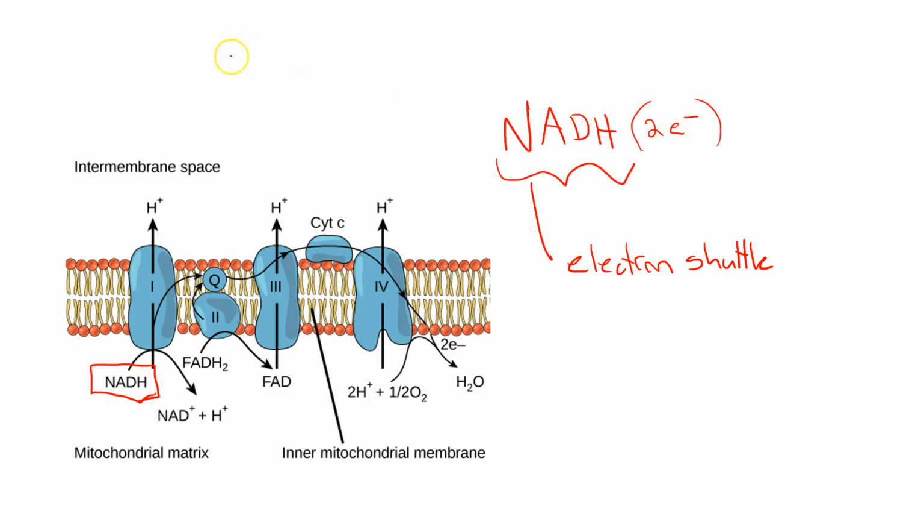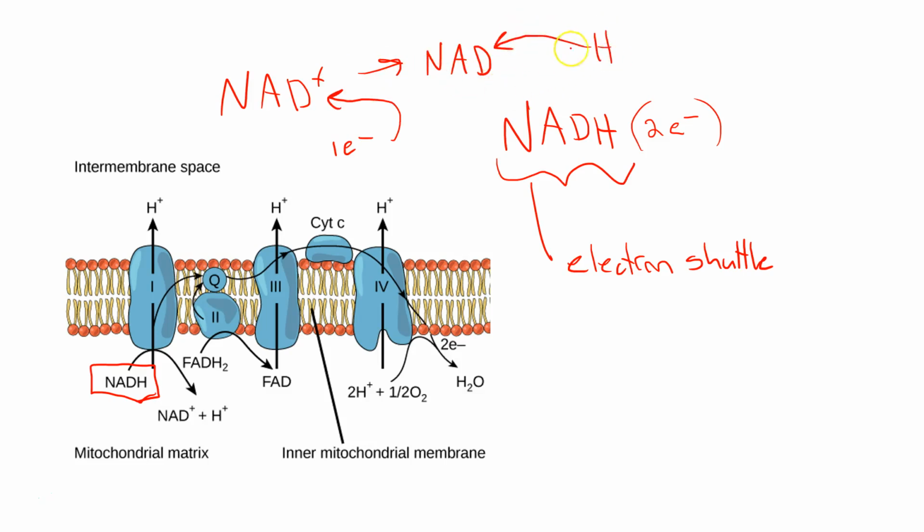Okay? How it works is there's this molecule called NAD+, okay? And so 1 electron is going to be attached to here to make this just straight up NAD with no plus. And then also a hydrogen is going to then be added to it. Well, hydrogen has 1 electron and 1 proton, right? So then you're adding a second electron onto there as well.